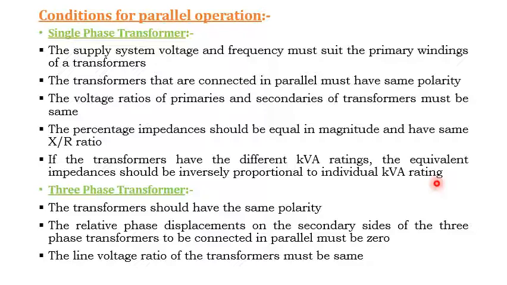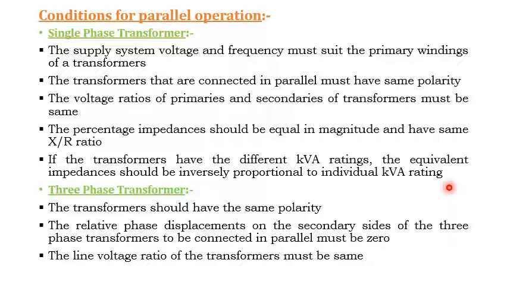So here the equivalent impedance of both the transformers should be inversely proportional to the individual kVA rating. For example, the kVA rating of transformer A is 5 kVA, and the kVA rating of transformer B is 2 kVA.